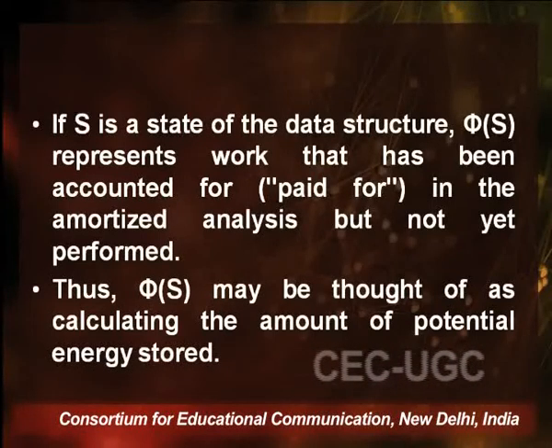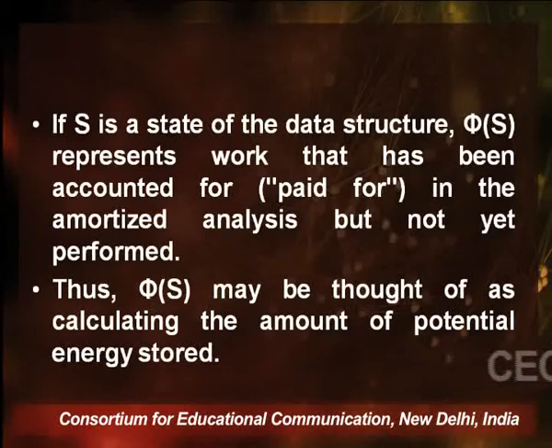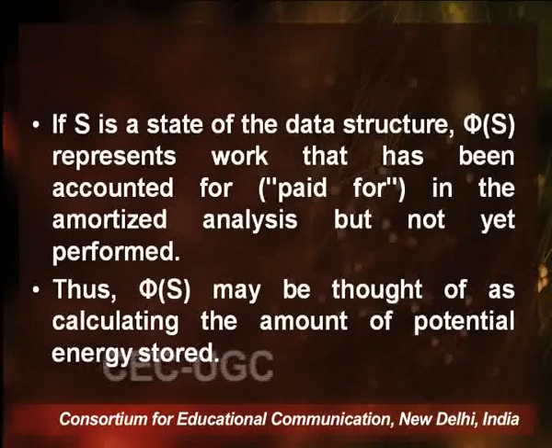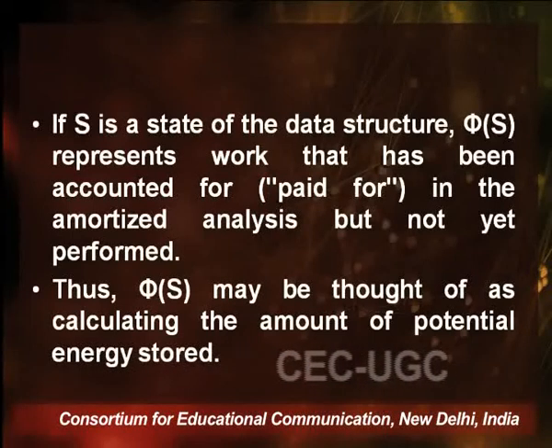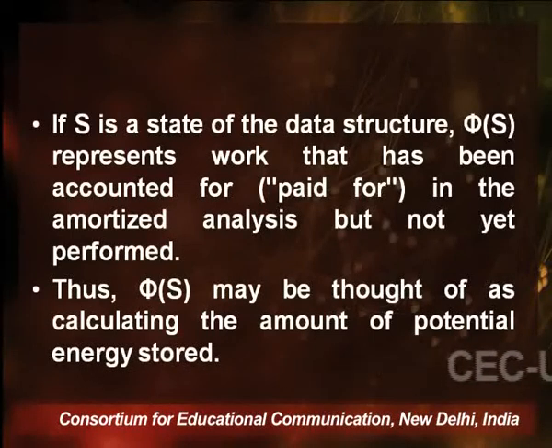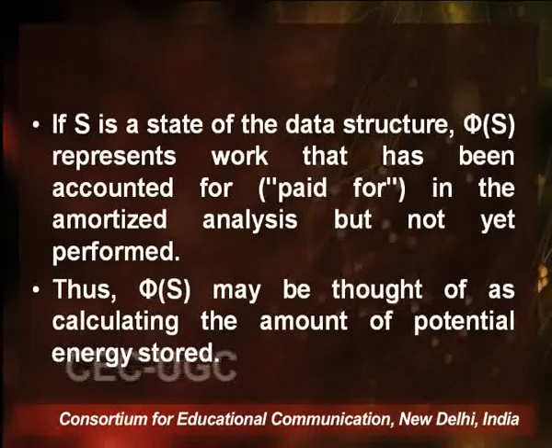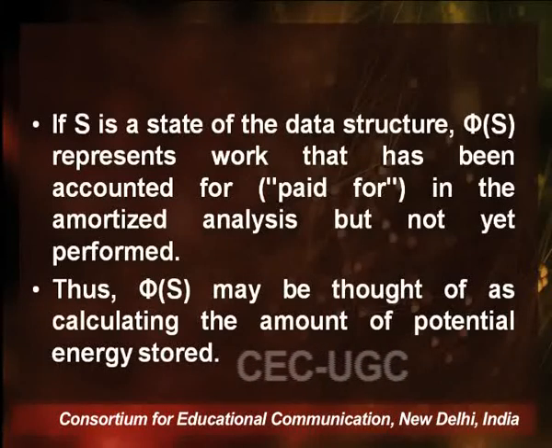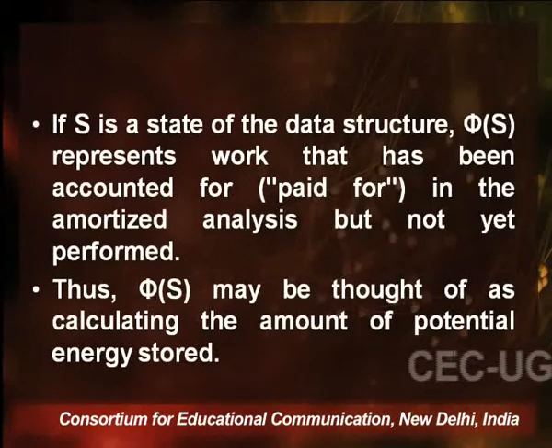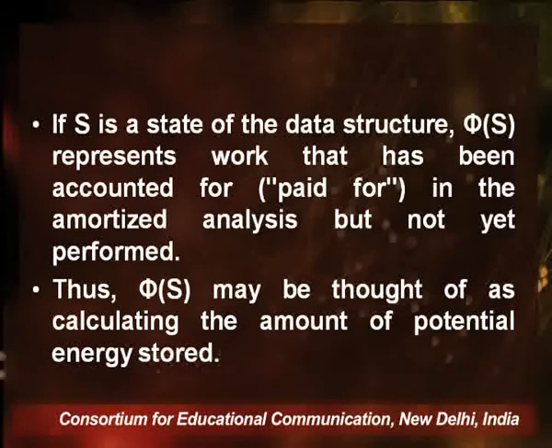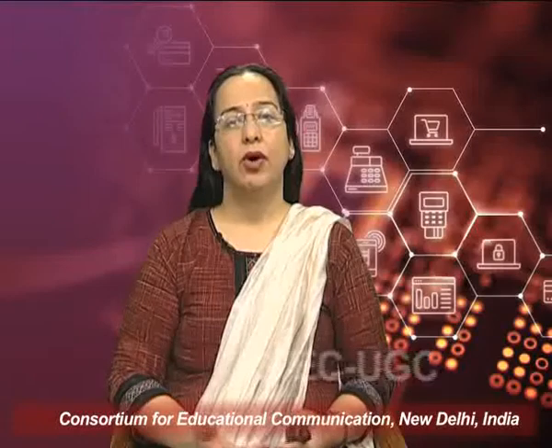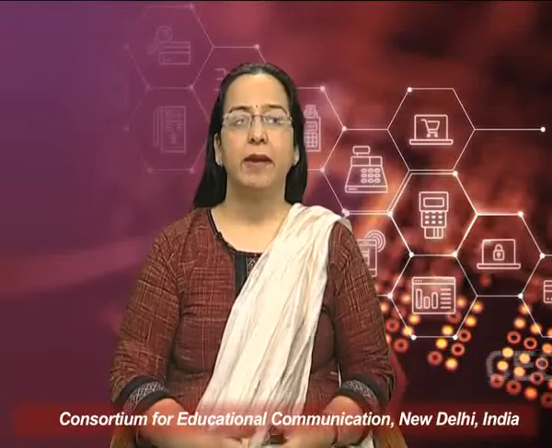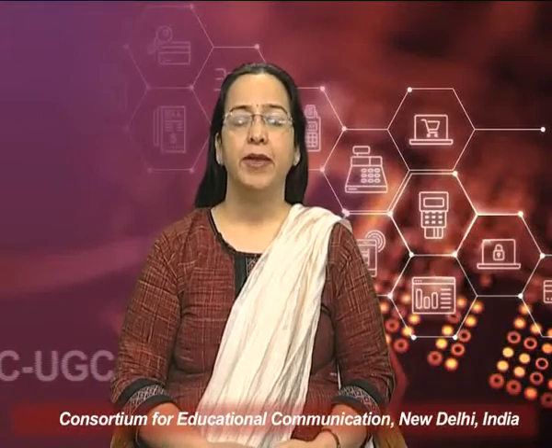That means we have something in our storage, and phi of S is going to represent the work that has been paid for in advance for the operations which have not been performed. So phi of S is going to be thought of as calculating the amount of potential energy stored.